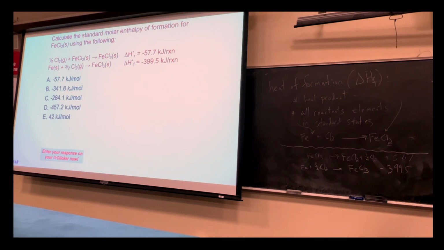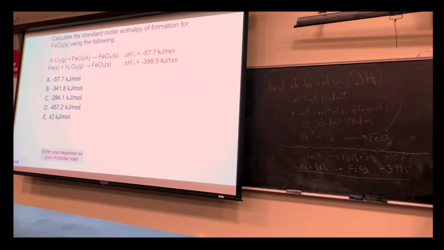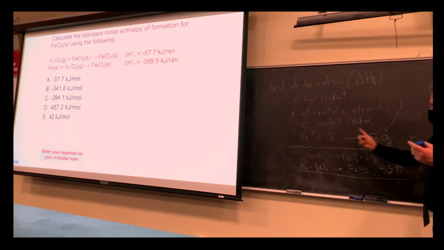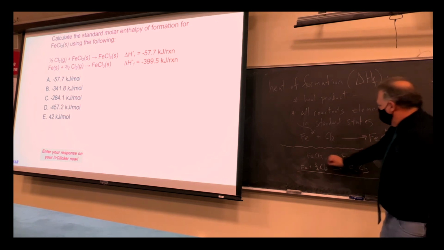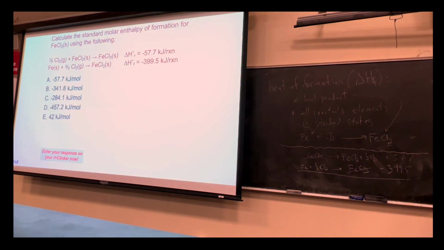Now, at this point, hopefully we'll be able to add these two together and end up with just Fe plus Cl2 making FeCl2. So when you combine things, just like with spectator ions, if something's on both sides, it cancels out. You could subtract FeCl3 from both sides. So FeCl3 is on both sides, so that's out of there, and that's good. We don't want that anymore.